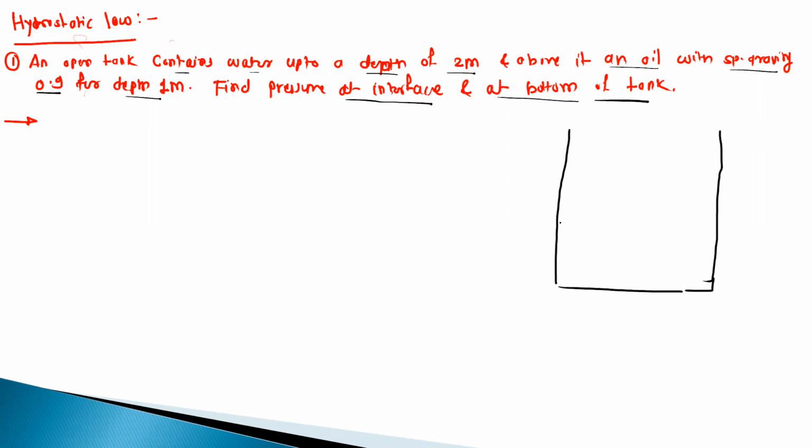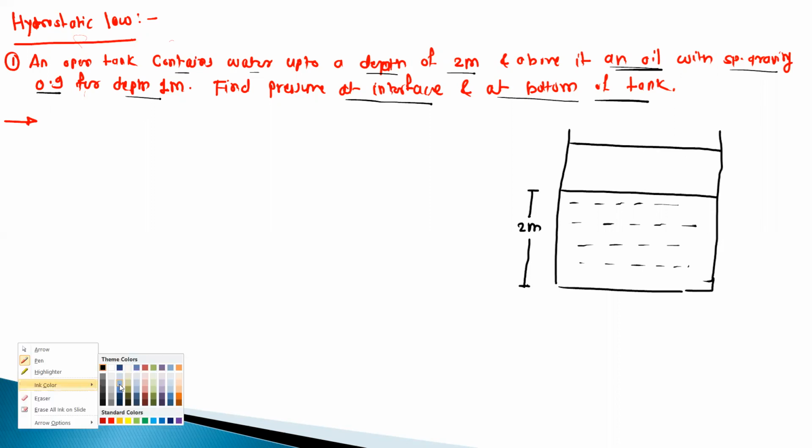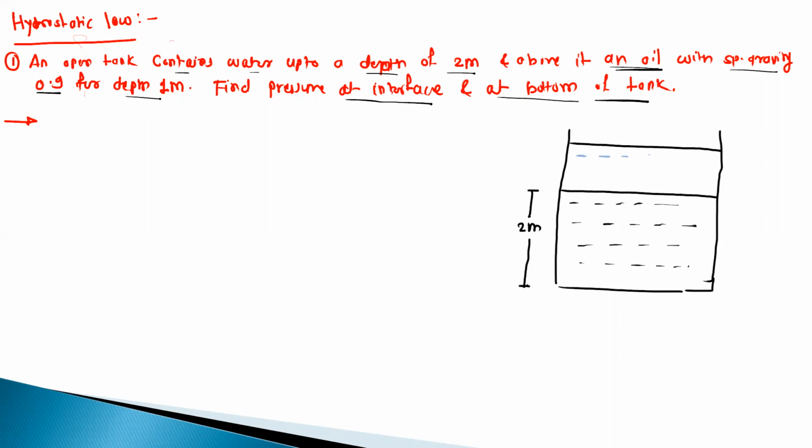So this is the tank. It contains the water like this, and this height of the water is given as 2 meter. Above the water, there is an oil with specific gravity 0.9. This oil has a depth of 1 meter above the water.